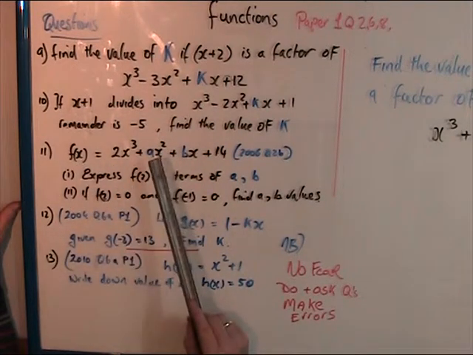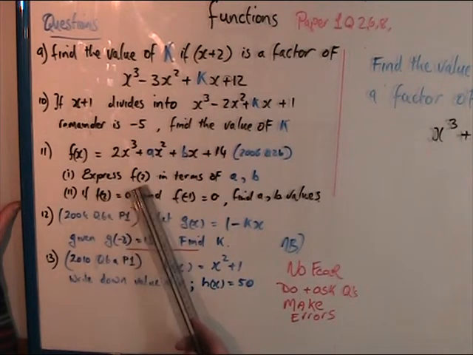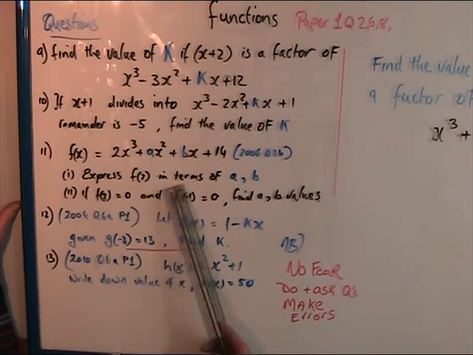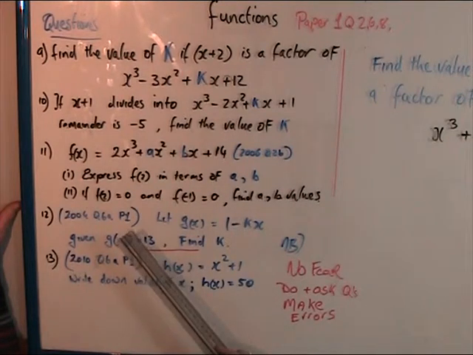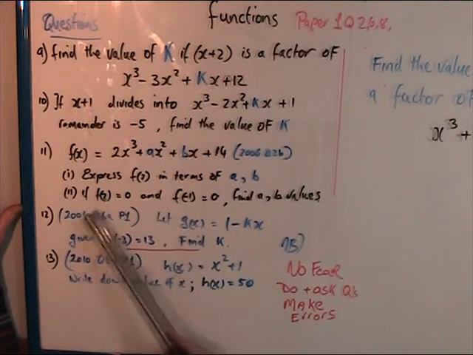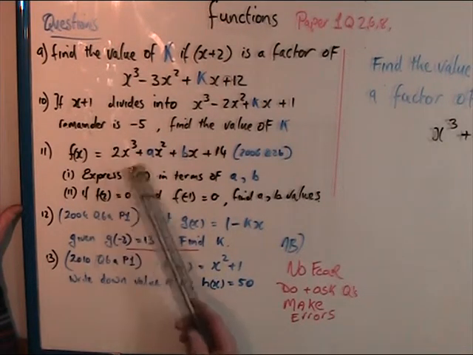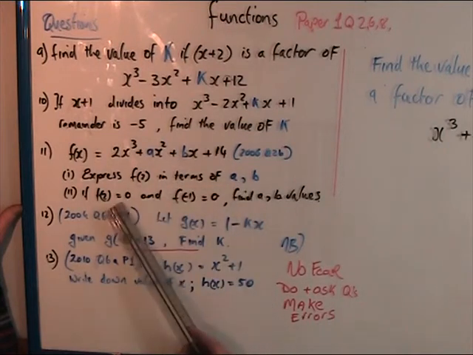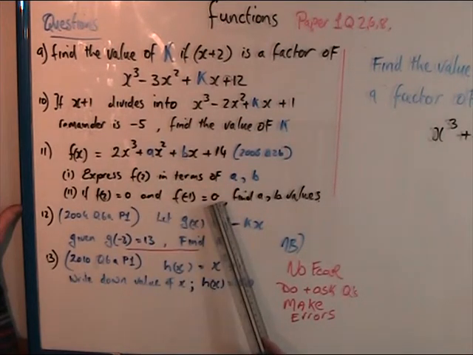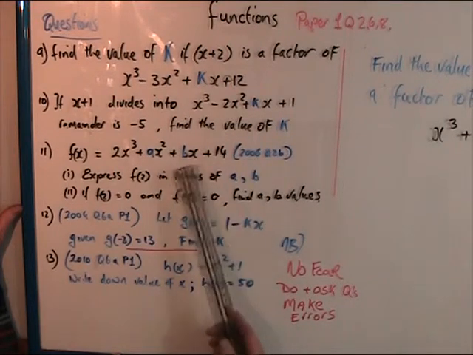Now this has 2 unknowns, a and b, and it says express f of 2, that means put 2 in for it, in terms of a and b. So you put 2 in and you see what a plus b is going to equal. Okay. Now it says if f of 2 is equal to 0, and f of minus 1, once you find out what a and b are, you express it in that form.